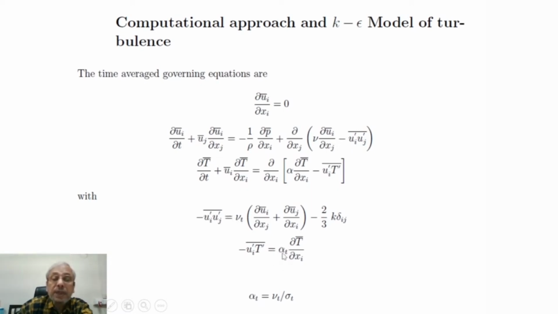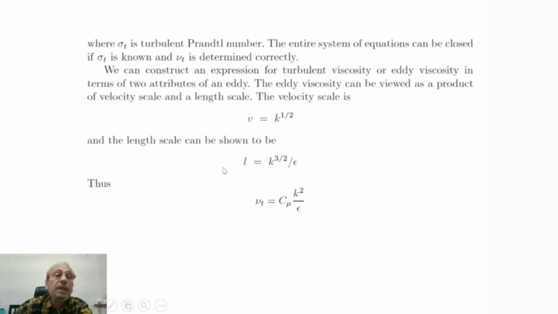So if eddy viscosity and eddy diffusivity are known, then this system of equations can be closed, and over a given domain we can get solution of Navier-Stokes equations, which will give us the velocity field, and then solution of energy equation, which will give us the temperature field.